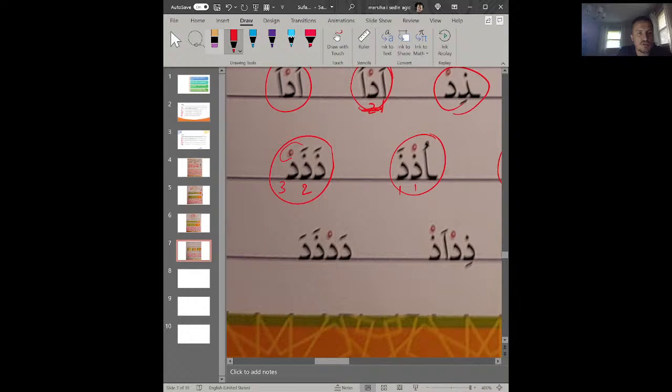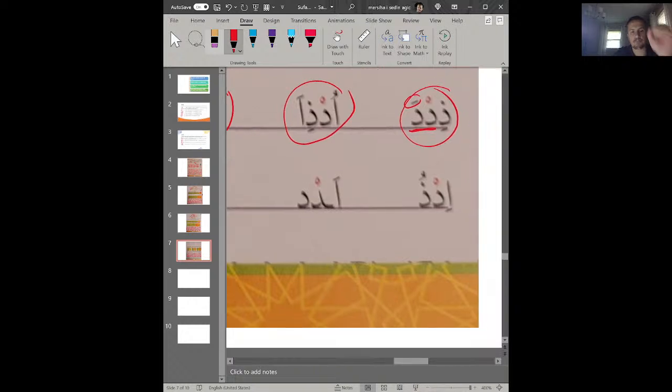Okay. Let's see. Last line. Id dhu. So here we see add and then daal. Daal, as you can see, it doesn't have anything, it's empty.